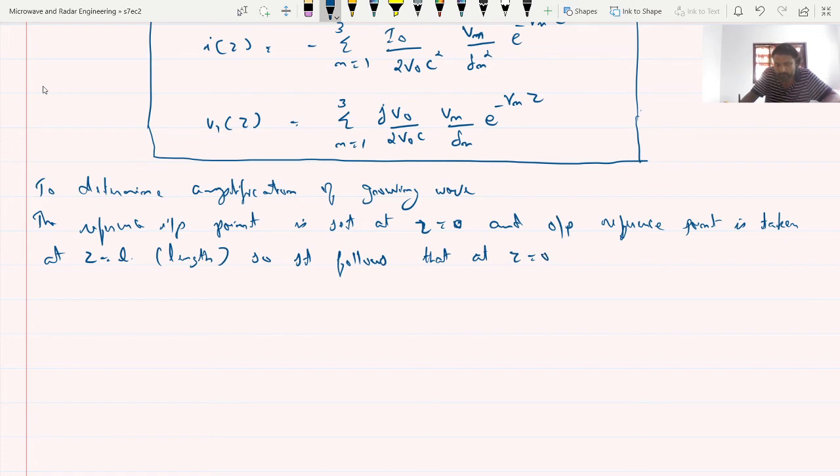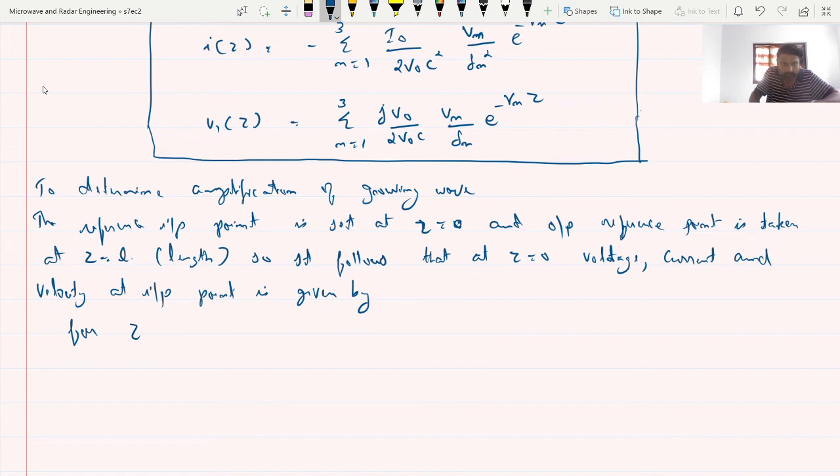at z equal to 0, the voltage, current and velocity at the input point are given by: for z equal to 0, V of 0 is nothing but V1 plus V2 plus V3.